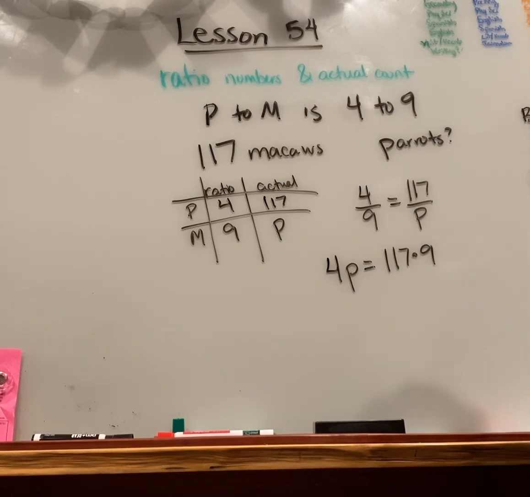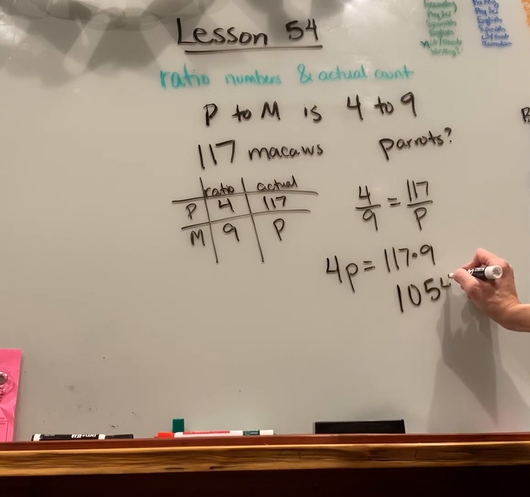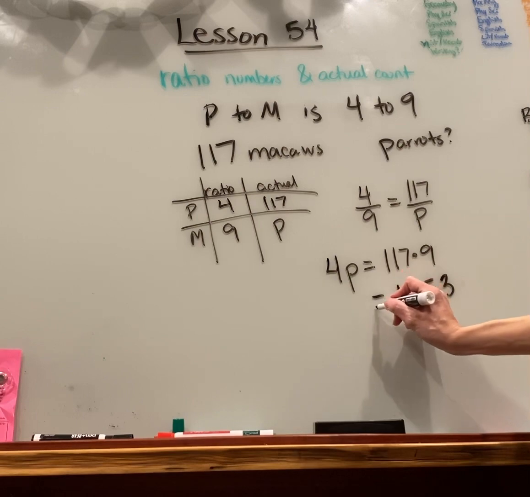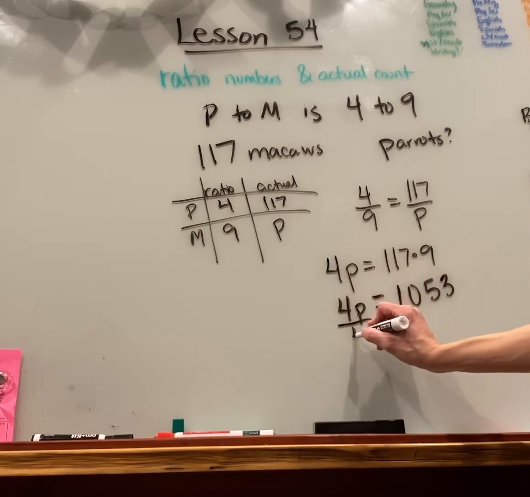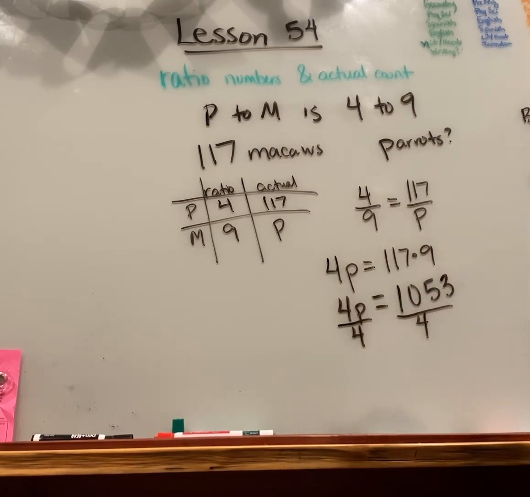I have to do 117 times 9. And that's 1,053. And this does not work out the way that I thought it would. That is equal to 4P. Divide by 4. That is not correct, but we're going to keep going with it. It should have come out as a whole number.